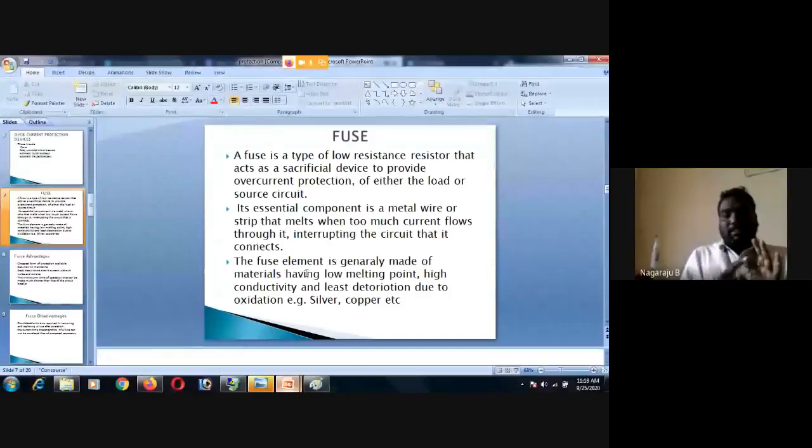I told you about the expulsion type, the open fuse, open link type. In general, these three types of fuses are there for the distribution system. How are we going to classify them?